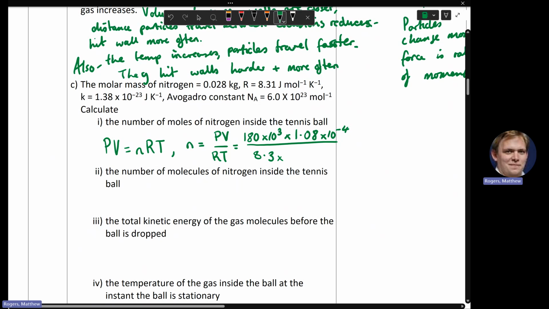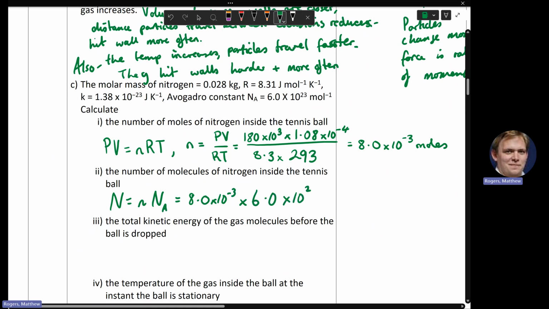The temperature is 293, from the table. So that gives us a value of 8.0 times 10 to the minus 3 moles. The number of molecules of nitrogen inside the ball is the number of moles times Avogadro's number. So 8.0 times 10 to the minus 3 multiplied by 6 times 10 to the 23, which gives an answer of 4.8 times 10 to the 21.